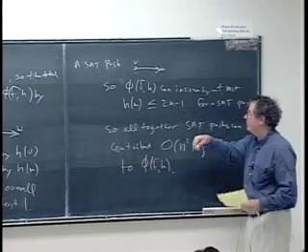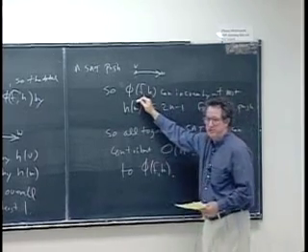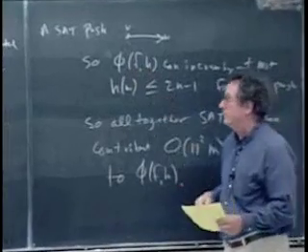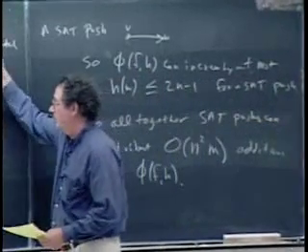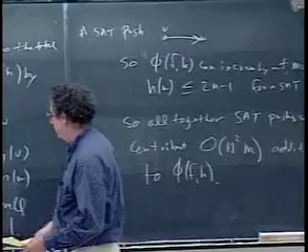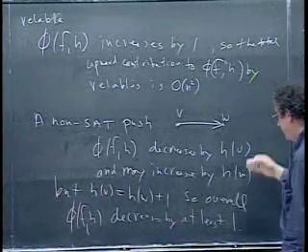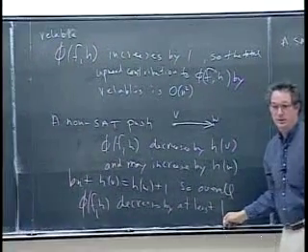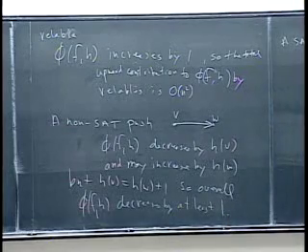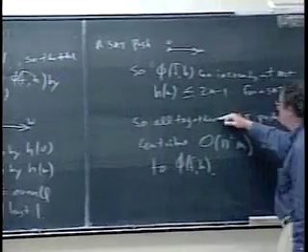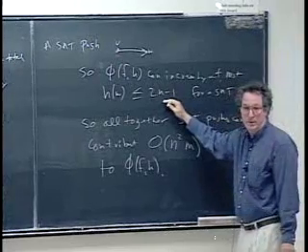So again, if we're watching the algorithm and we're watching this function, whenever you do a relabel, the function goes up by 1. If you do a non-saturating push, then it decreases by at least 1. And when you do a saturating push, it increases by at most 2n minus 1. Okay?